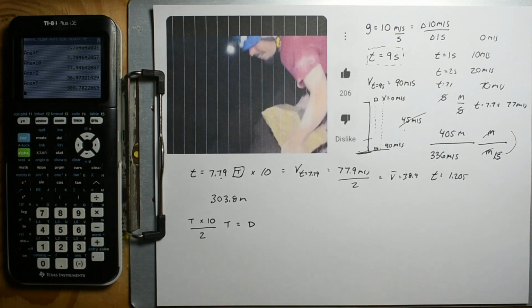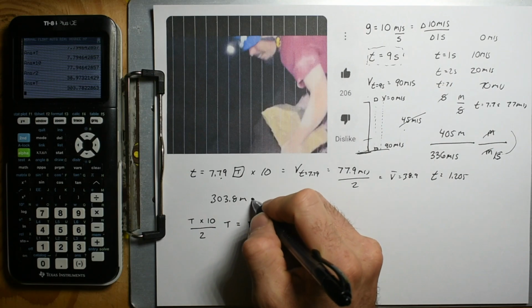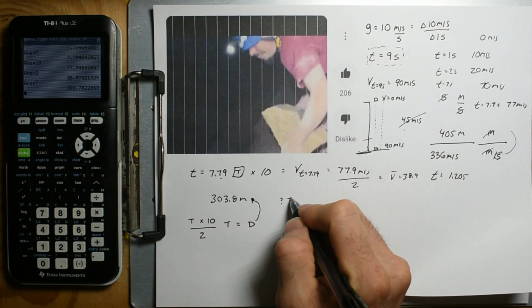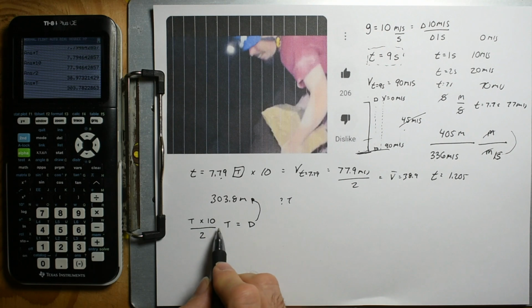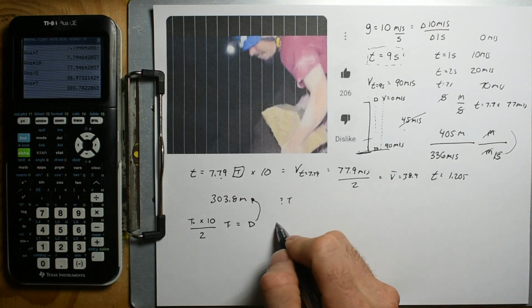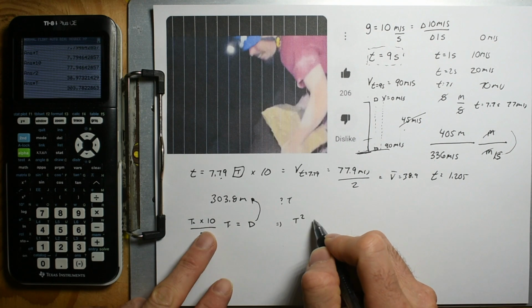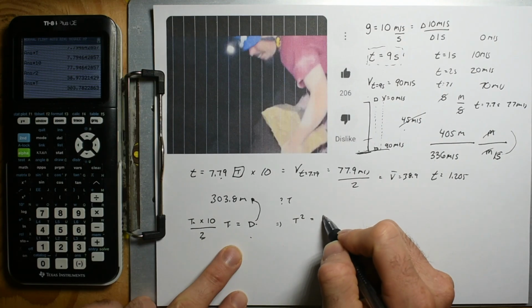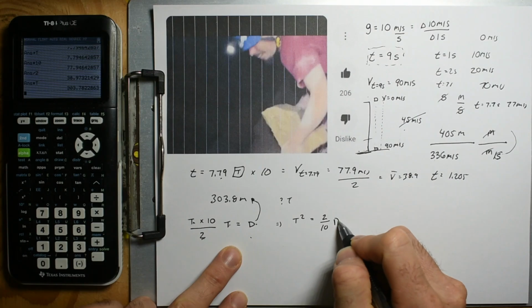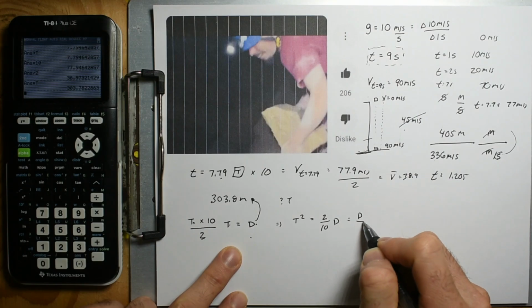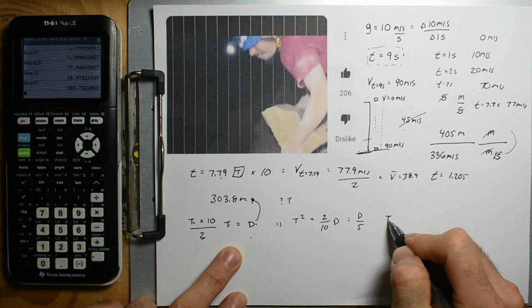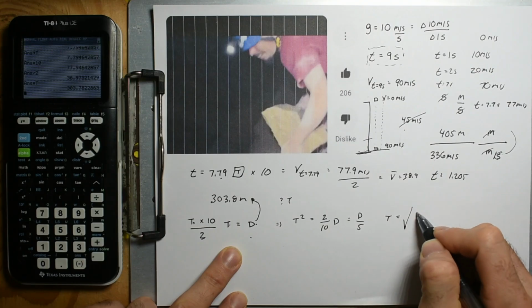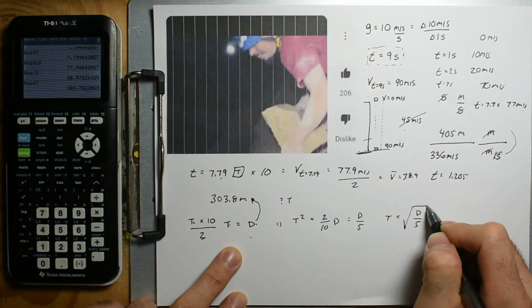Cool. So I have this distance, and what I'm interested in is the time. So I'm going to solve for t. Here we have t squared, and I'm going to get this 2 upstairs, the 10 downstairs. So I'm going to have 2 divided by 10d, which is just d divided by 5, and I get t by itself. So that's the square root of the distance divided by 5.